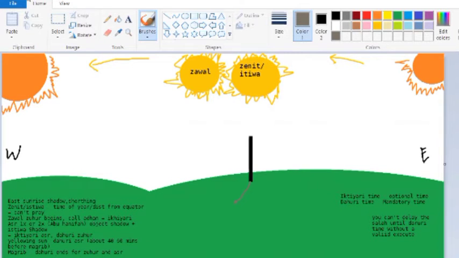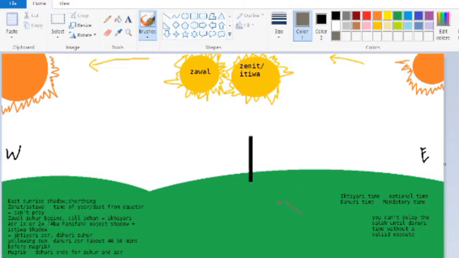Now we continue to the Asar time. If we put the length of the shadow at this object, the sun is going to be here and here, and the length of the shadow is getting longer.